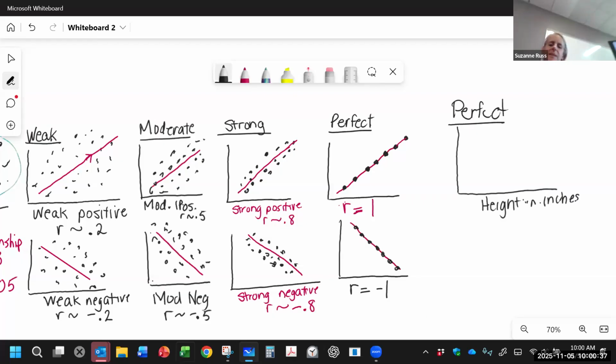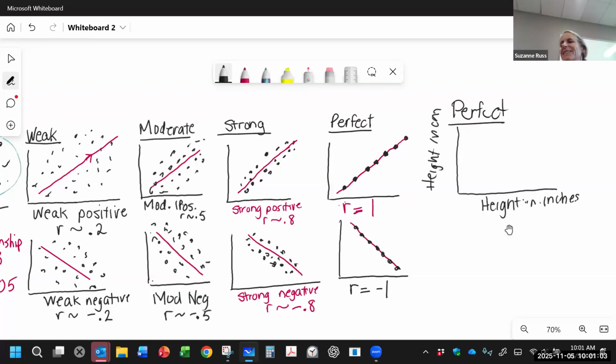And on the y-axis, you have your height in centimeters. If I knew what your height was in inches, could I do a little calculation and figure out exactly what your height is in centimeters?